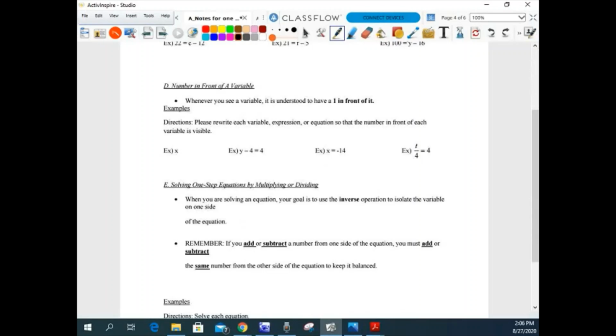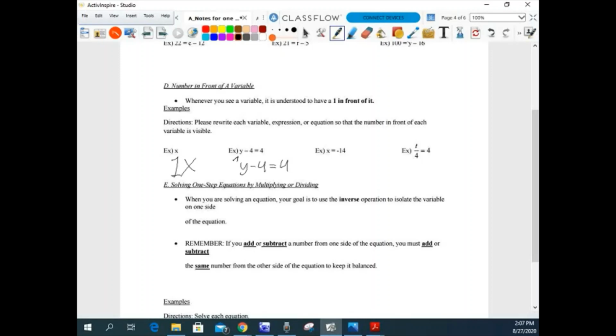Now, whenever you see a variable, it is understood to have a 1 in front of it. All right? This is something real quick. So we're going to rewrite each variable, expression, or equation so that the number in front of each variable is visible. I've mentioned this before in our simplifying expressions videos and our worksheets as well. What this is basically saying is that if you just see an x, you can put a 1 right in front of it. It's the exact same thing. Let's move on to this y. Y minus 4 equals 4.